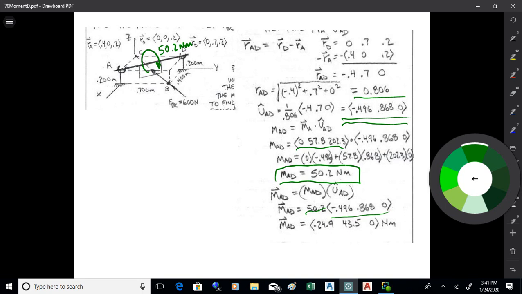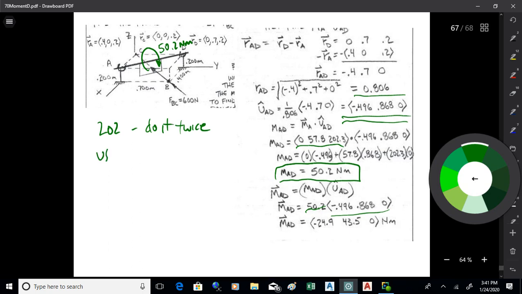So why don't we do a couple of these for Wednesday? How about 202? So for 202, we want to do it twice. We want to go from A to B and A to C. Okay, so the first time you use RAB and the second time you use RAC.